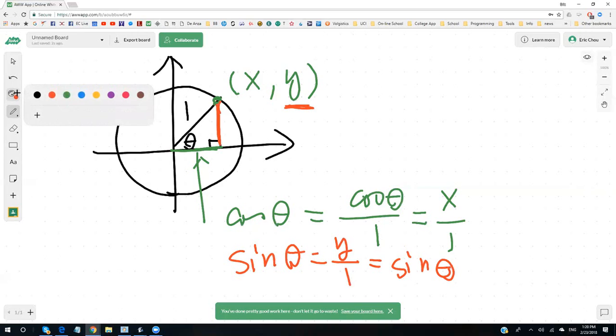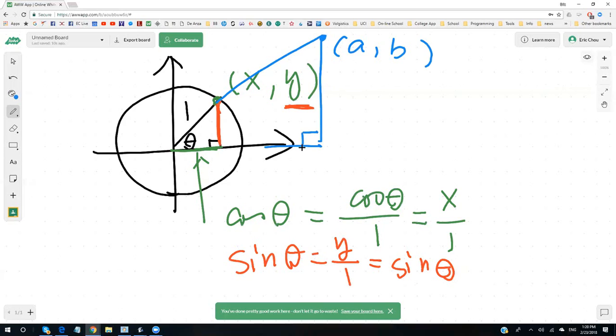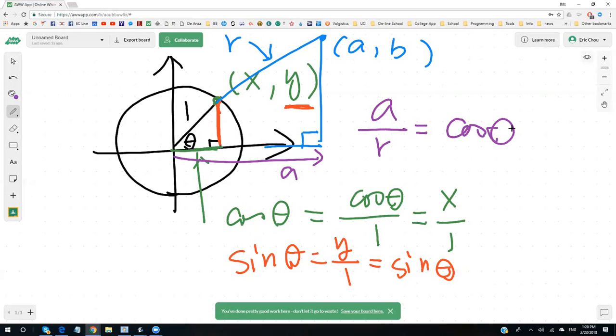Now, we have another proof. It extends to another point, call them A and B, right here. And the length of this one is R. So the distance A over R equals cosine theta as well, and then A equals R cosine theta.